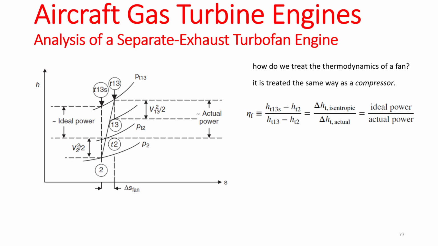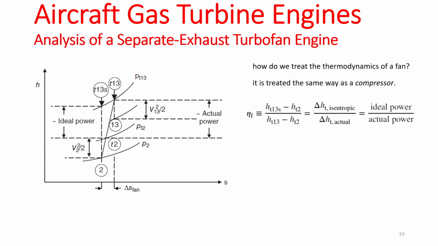need or use, right? So the ideal power is, of course, when you go from station 2, which is the inlet of the engine, to station 13, which is the exhaust of the fan, isentropically. And the actual power is essentially what really happens.